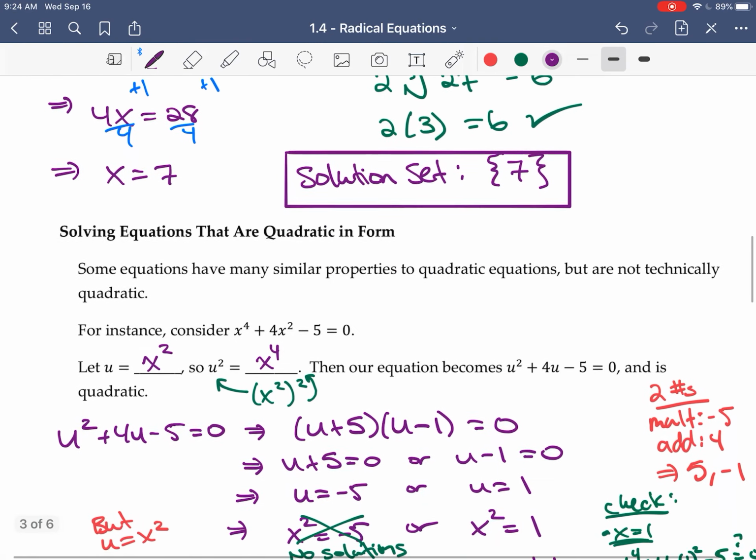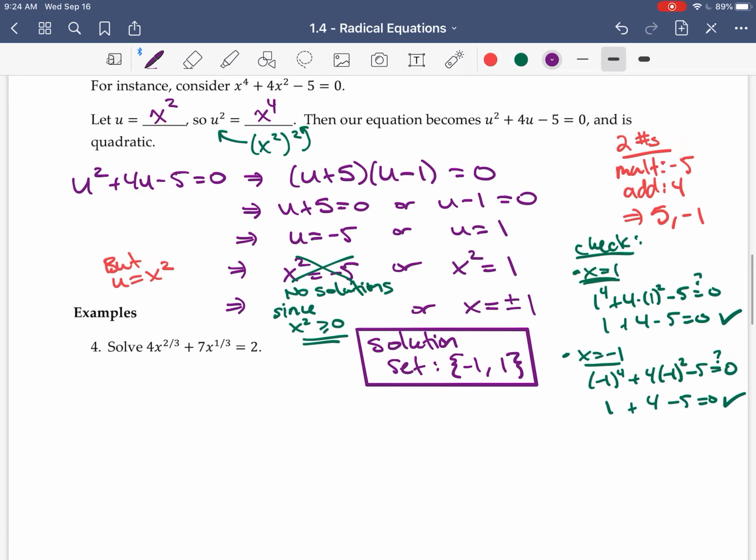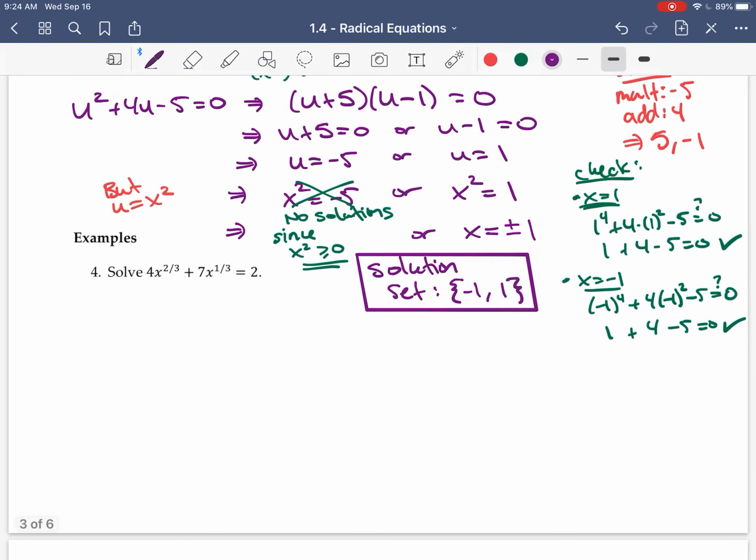Okay, I think the next one we have is in quadratic form. So we can see here that if I let u be x to the 1/3, then x to the 2/3 is x to the 1/3 squared, because you'd multiply the exponents. So that means that it's u squared.